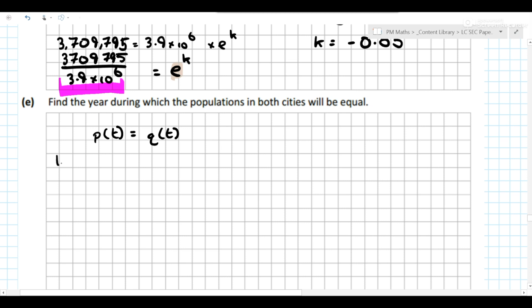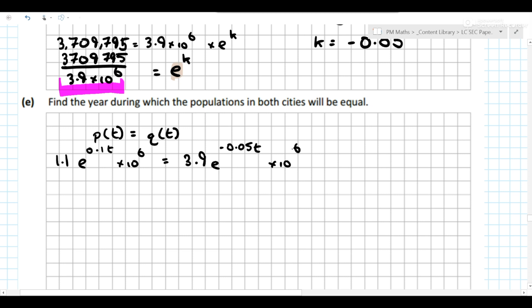So remember, what was p of t? 1.1 e to the 0.1 t by 10 to the 6, which was equal to 3.9 e to the minus 0.05 t by 10 to the 6.